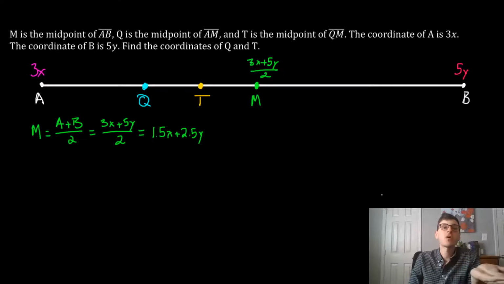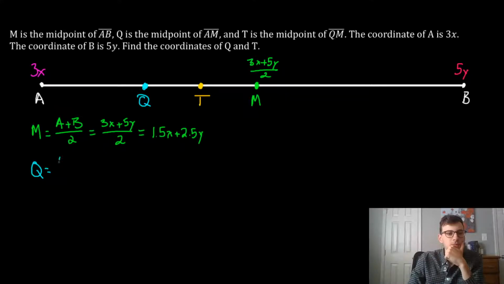Okay, so now what can I find the coordinates of? I can find the coordinates of Q, right? So Q is A plus M divided by 2. A plus M divided by 2.